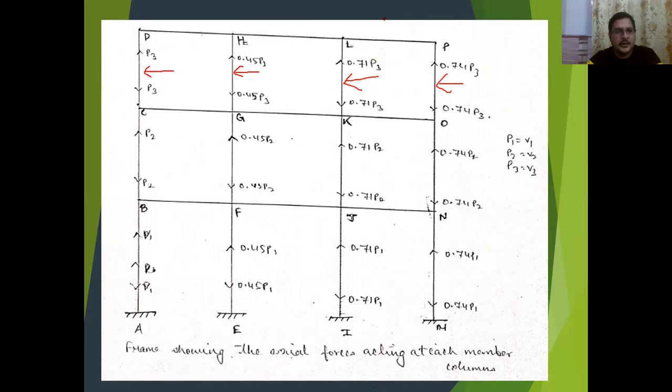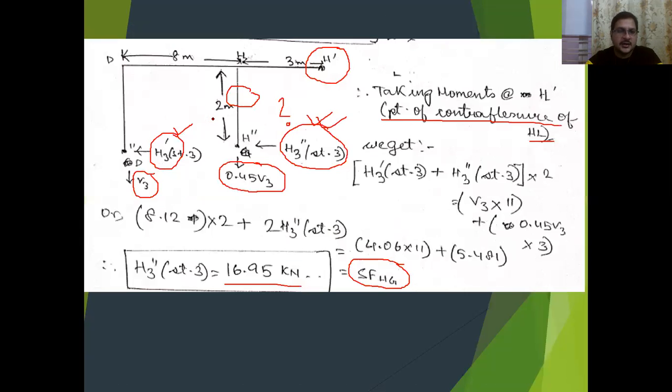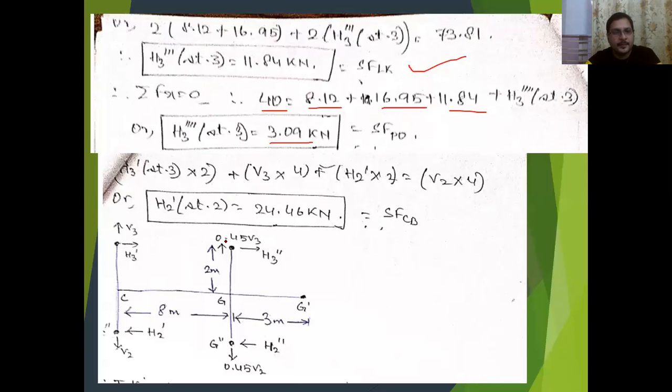Now coming to the second portion, or the second floor level, we will take this portion. Okay. So just come to this problem.